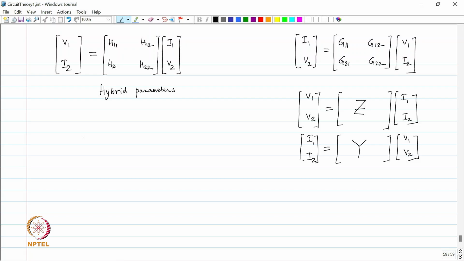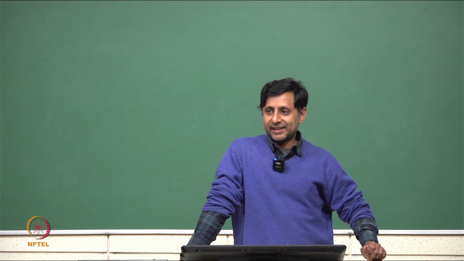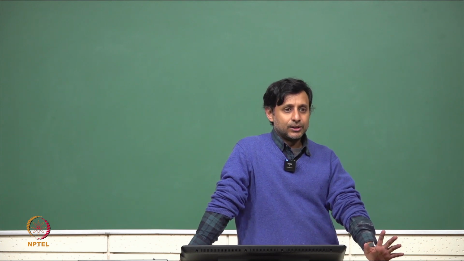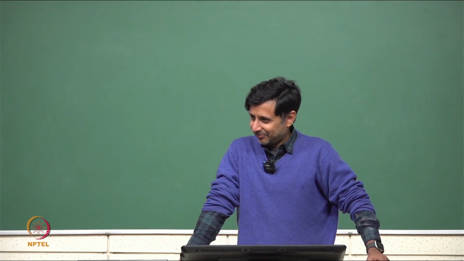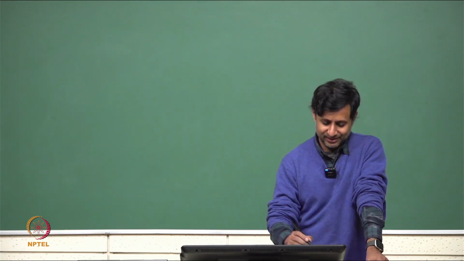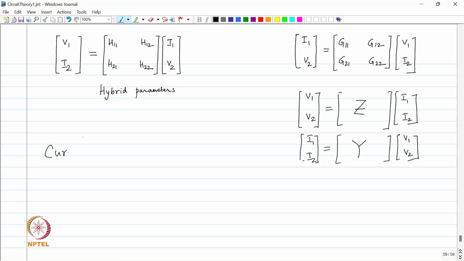So, what you have to remember always is that it is important for us to talk about a current controlled current source, all right. This is what you have to remember, current controlled current source. A current controlled current source is a very important circuit component.